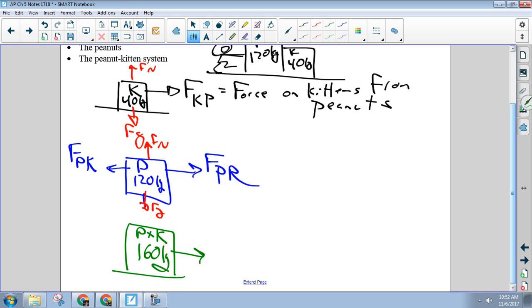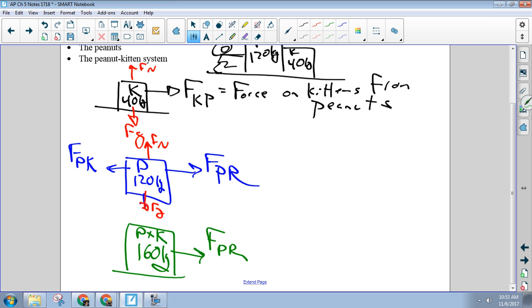So here's the force of Roy pushing. What is Roy pushing? I guess he's pushing the peanuts. I don't know how you want to write this. You could either do P plus K, R. I guess it's probably okay to just put PR because the peanuts are in the system and Roy is not.